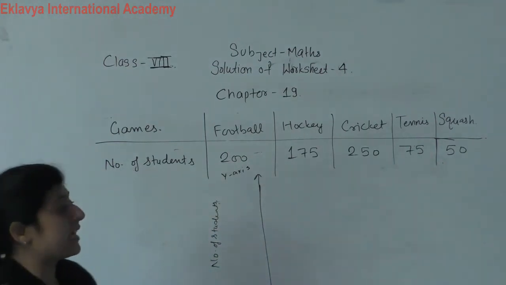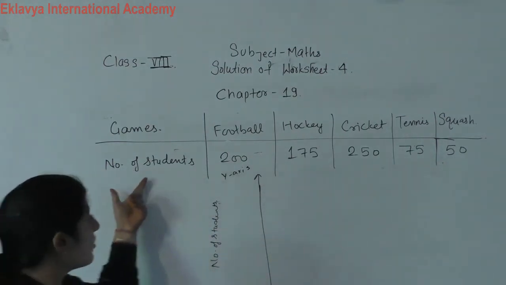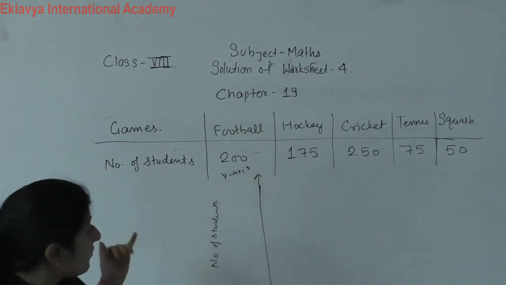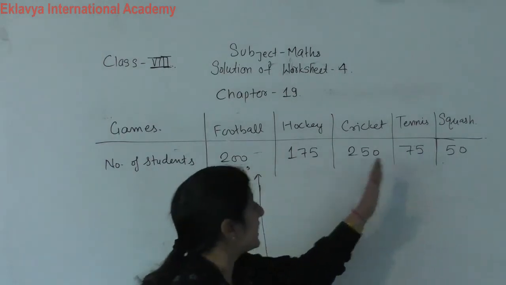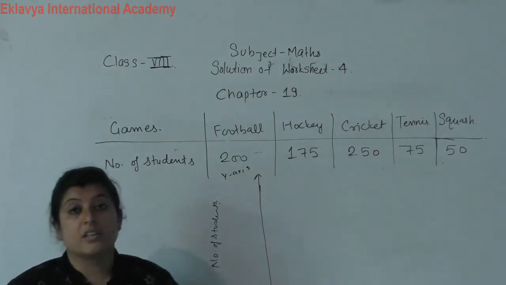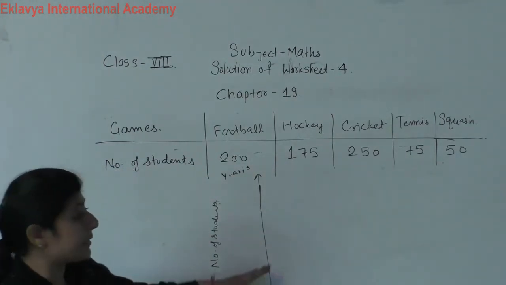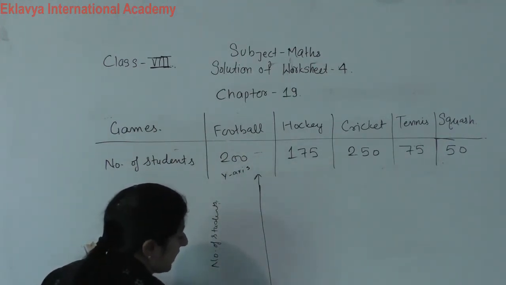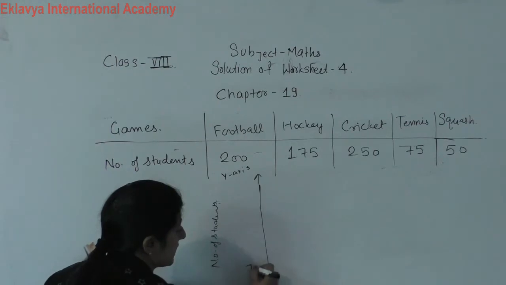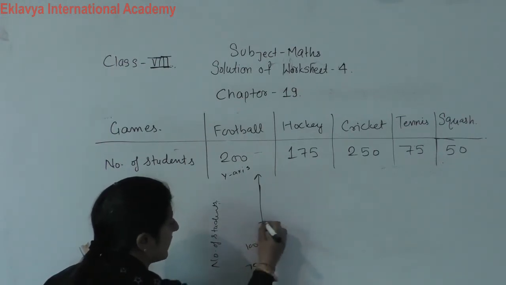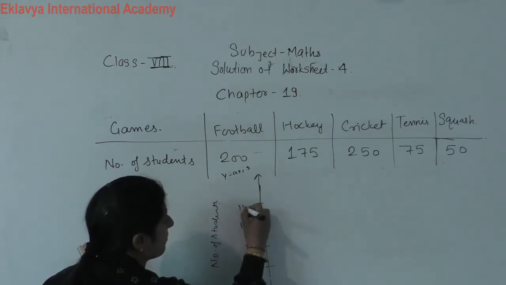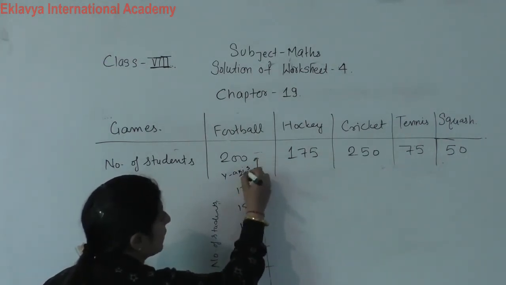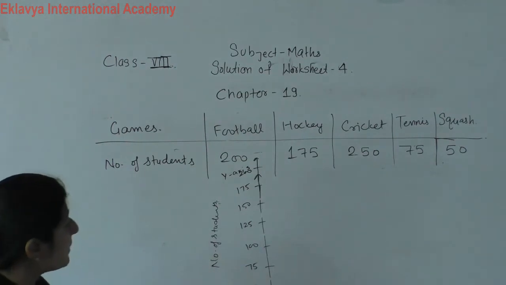Now see on the y-axis. On the y-axis we want to represent number of students, then we have to take some scale. If you see properly, there are multiples of 25, so you can take multiples of 25. Try to take 25, 50, 75, 100, 125, 150, 175 and 200. But the maximum is 250.